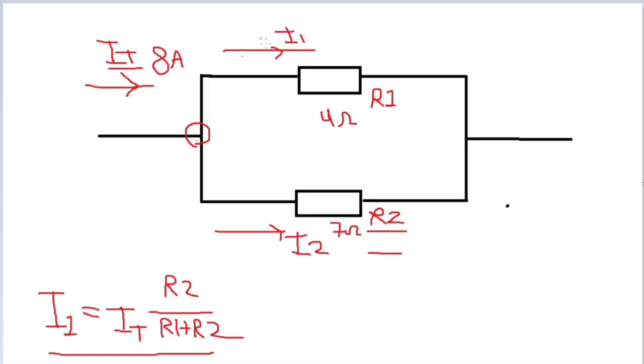So I1 equals the total current, 8, times the value of the resistance opposite to the branch of the current you want to find, which is 7 ohms, divided by the total resistance, which is 11.